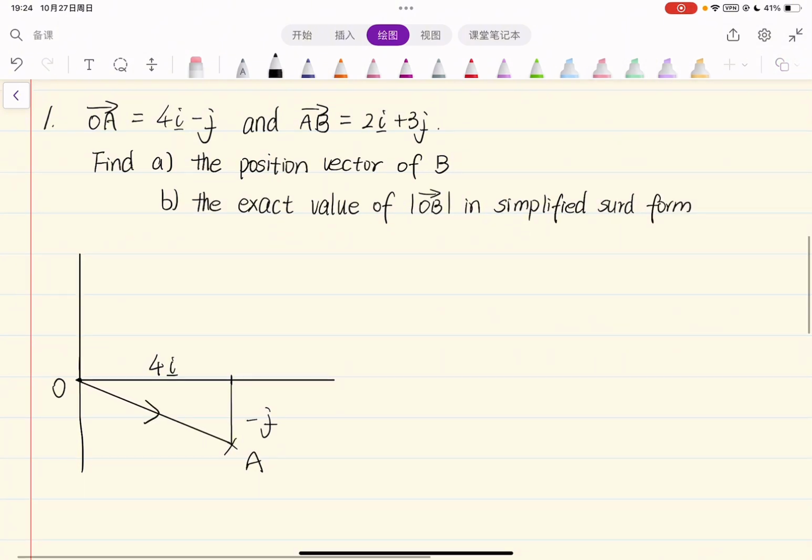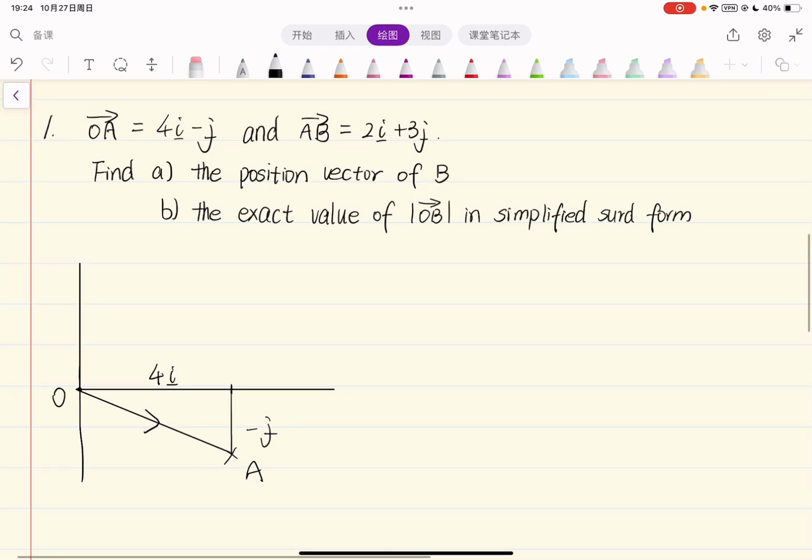And let us see the vector AB, that is 2i plus 3j. So we have 2i and plus 3j.